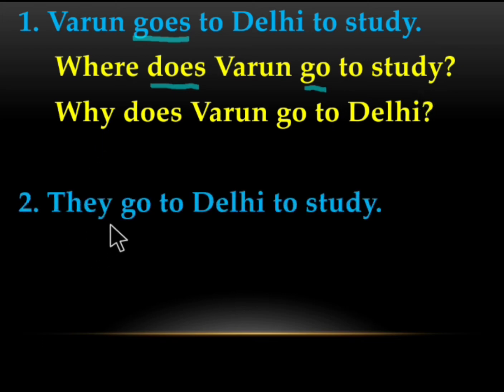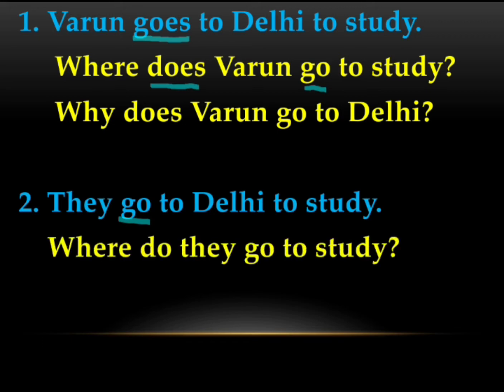Next sentence. They go to Delhi to study. Here, they is plural and so we have used go. Now, go is the verb. The plural do verb is do for present tense. Now, how to frame the WH question using the do verb.